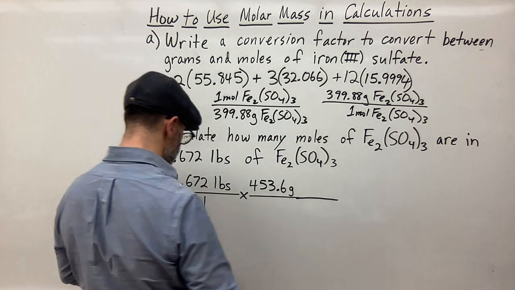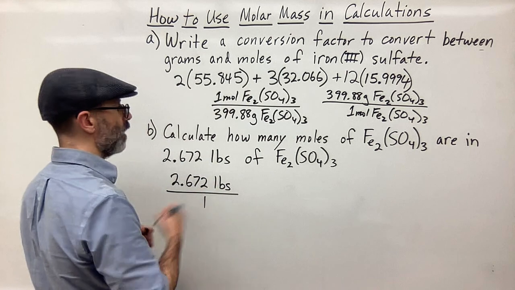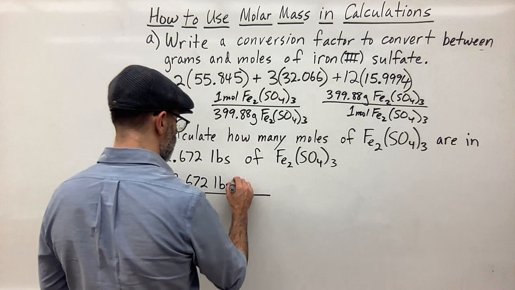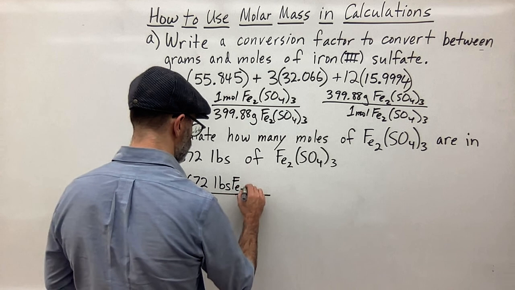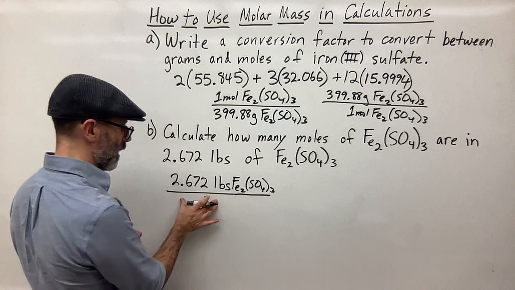Oh, I forgot my substance. Always write the substance that you're talking about. I'm not following my own rules. So here we're talking about Fe2(SO4)3. So we got this many pounds of that.